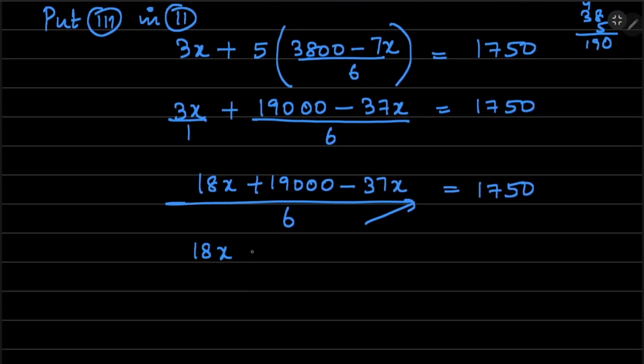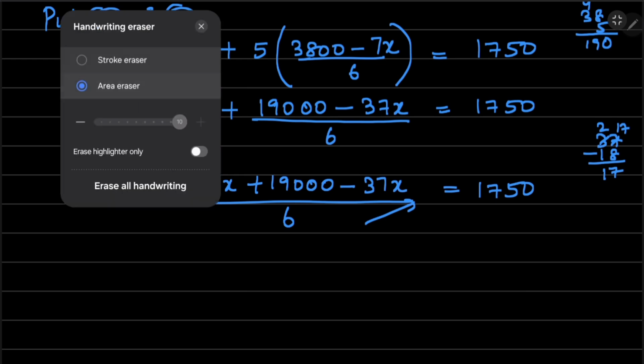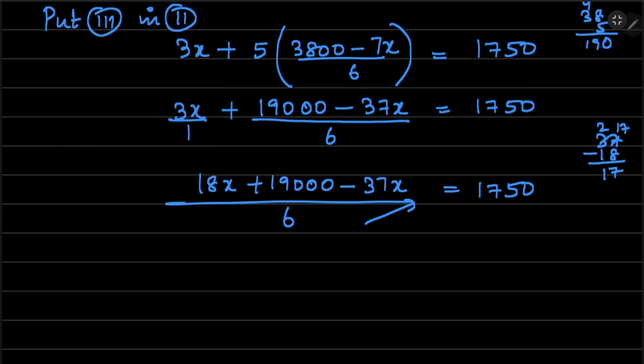18x. What is 18x minus 37x? So 37 minus 18. Okay, sorry, here I made a mistake. 7 into 5, right? 5 sevens are 35.